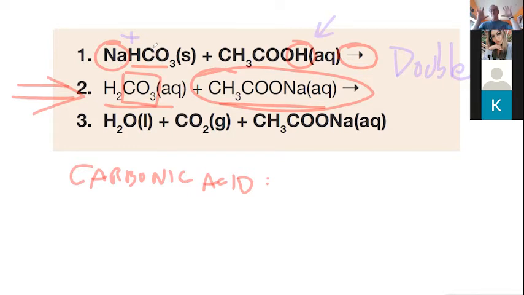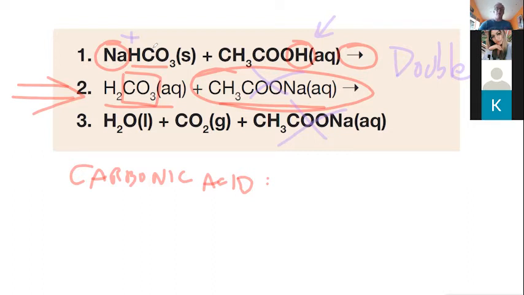But we're not done, because even though nothing happens anymore to the acetate ion, we can take the acetate ion out, because you see, we have it here and we have it here. So it doesn't continue the reaction.